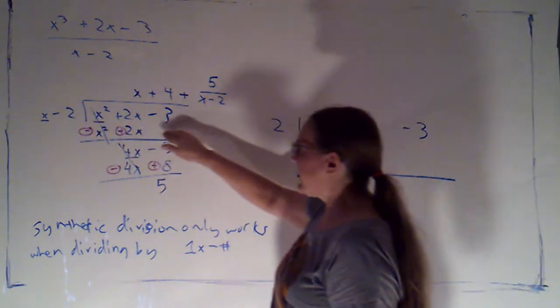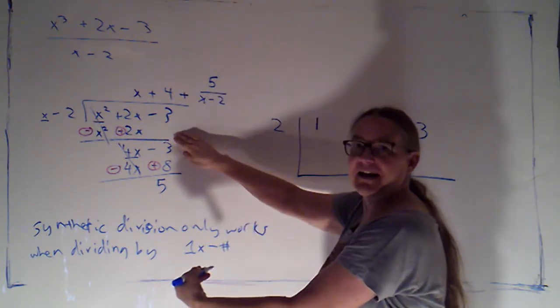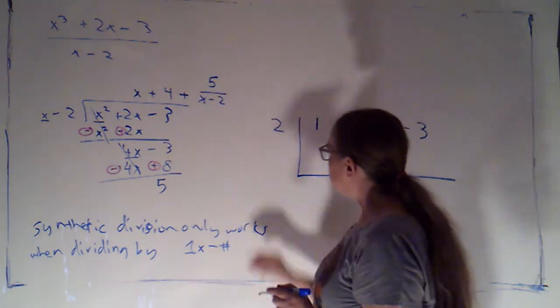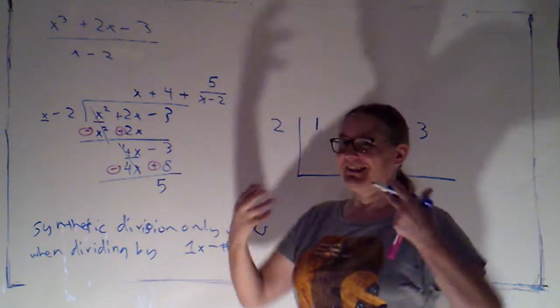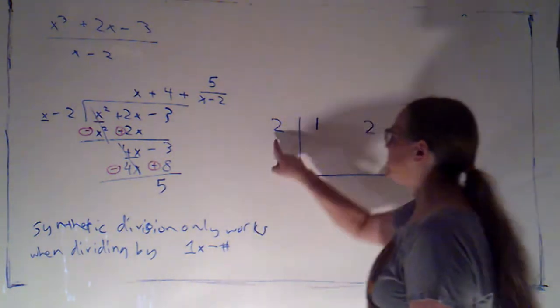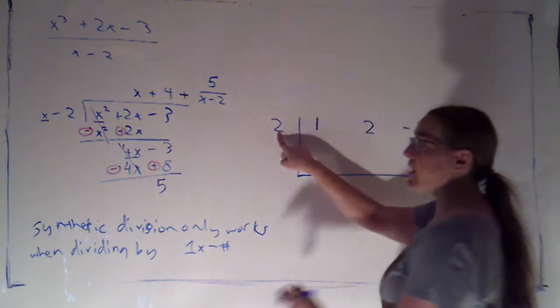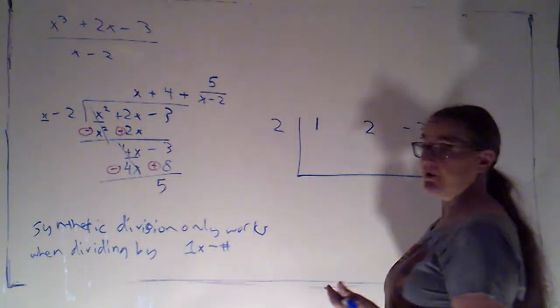Every time we were ready to subtract, we changed the sign and added to combine our like terms. Well, if I were to multiply by a plus 2 instead of a minus 2, that would do the same thing as changing that sign. So I'm writing the number that I'm subtracting, essentially changing the sign from what appears in that factor.